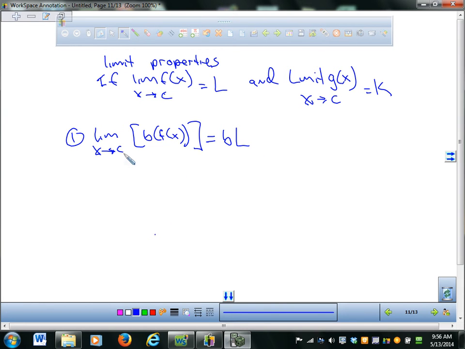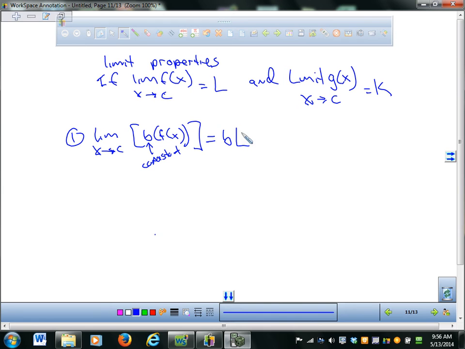If I know the limit of some function f of x is equal to L, and I multiply it by a constant, all I have to do is multiply that constant times the limit. So in other words, I can take that b and move it outside.